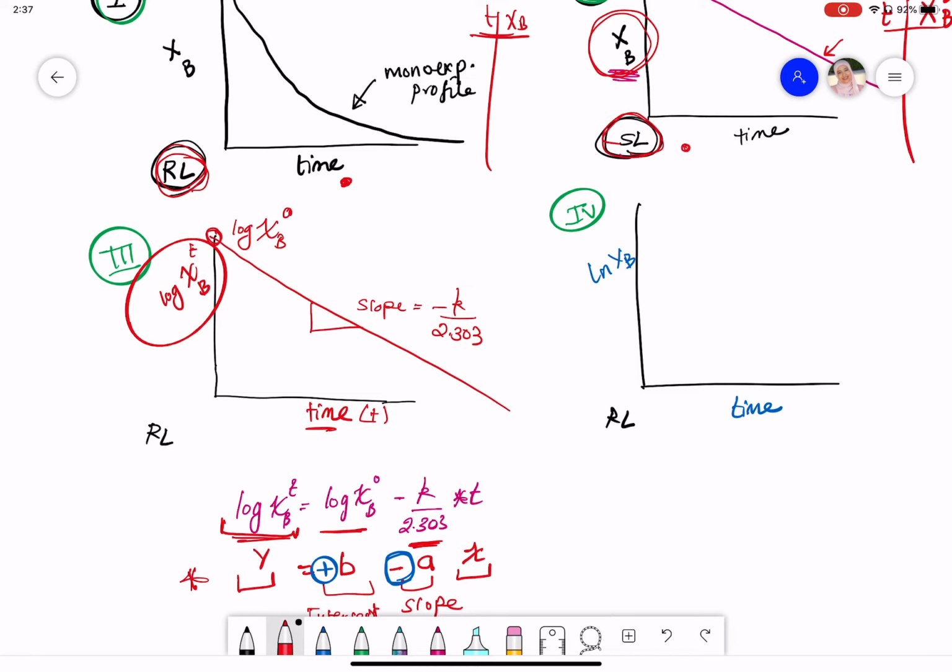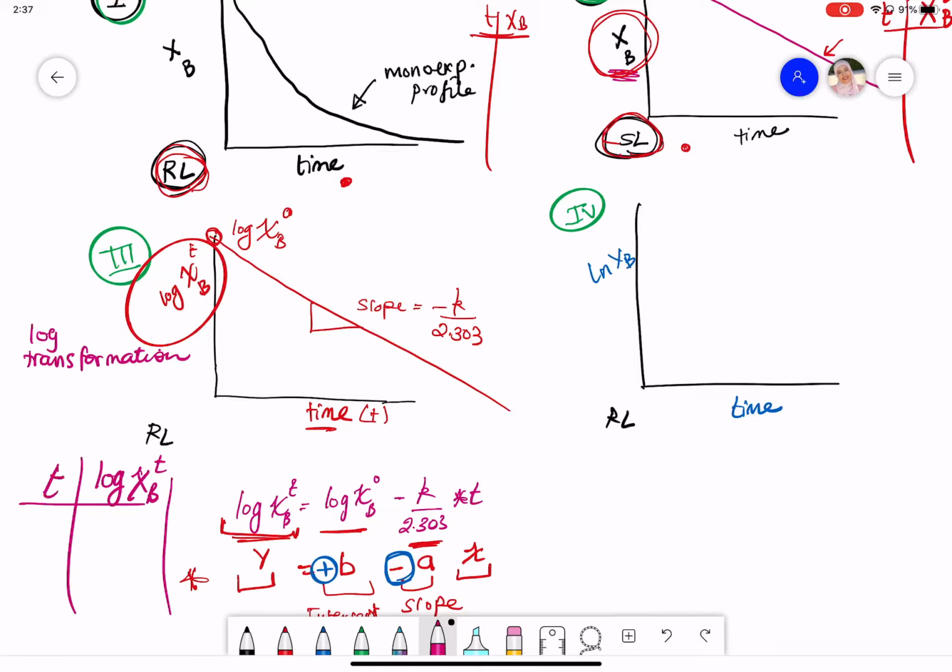And here we just have a log transformation, which means that we are drawing log of the amount. So log amount of the drug at certain time versus time.